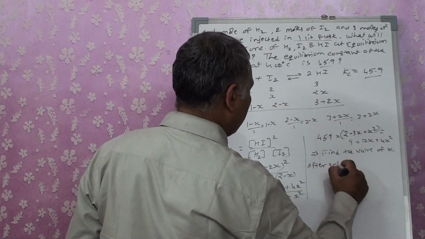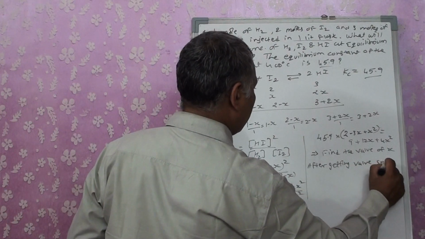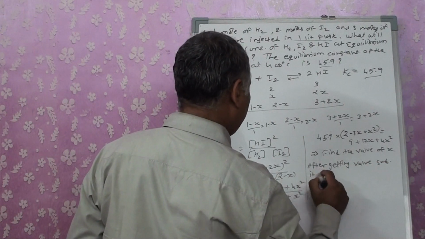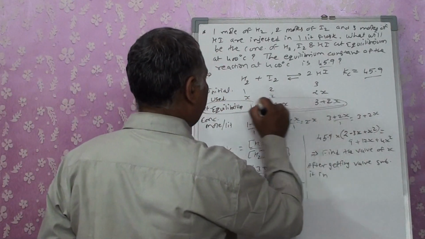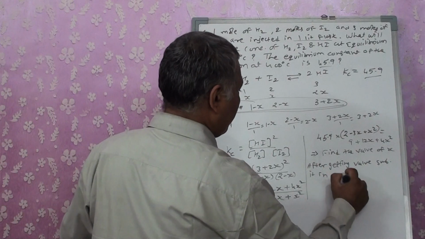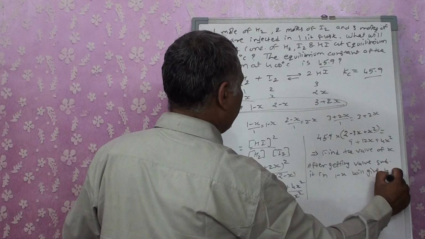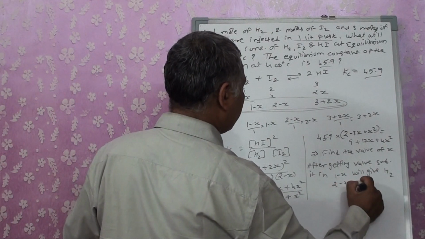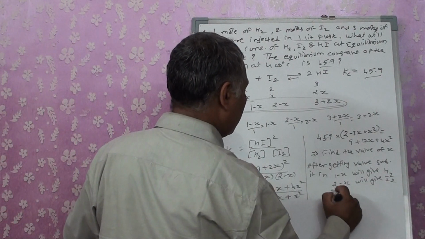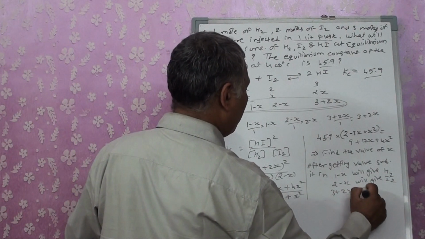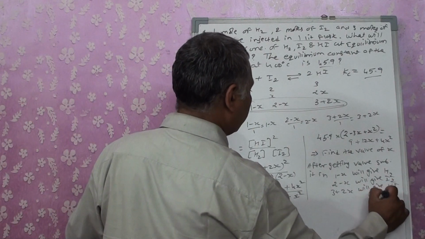After getting the value, 1 minus x will give the H2 concentration, 2 minus x will give the I2 concentration, and 3 plus 2x will give the HI concentration.